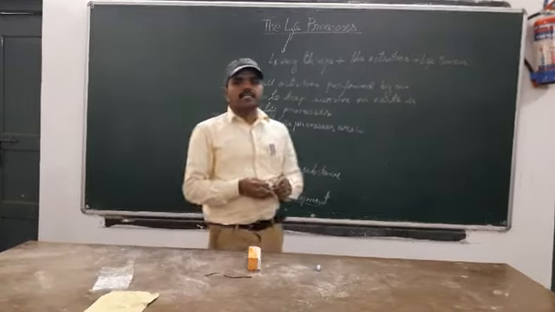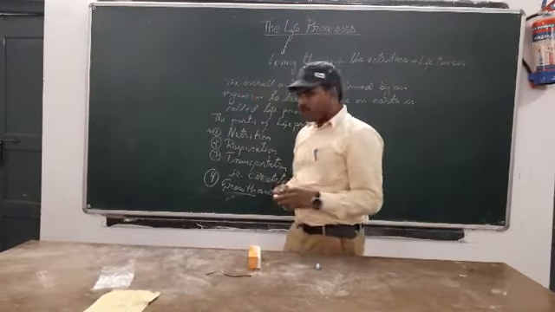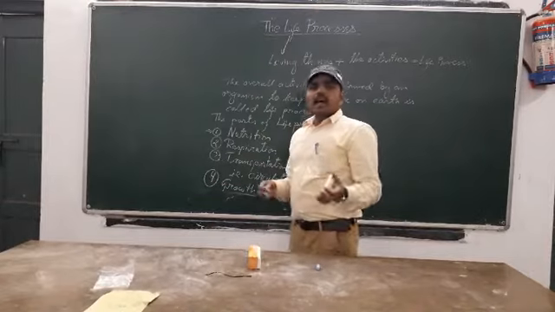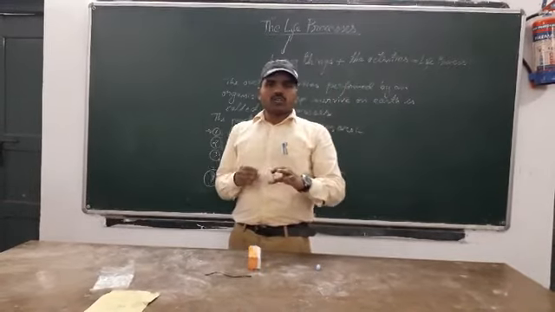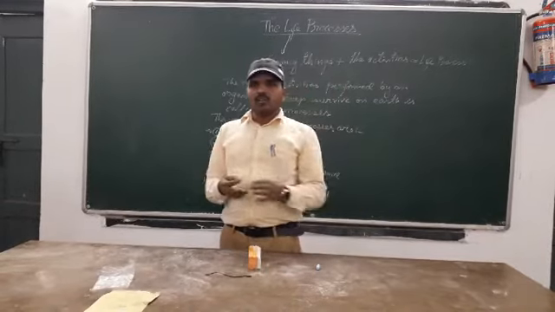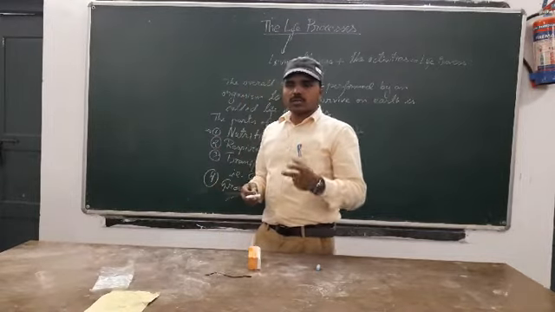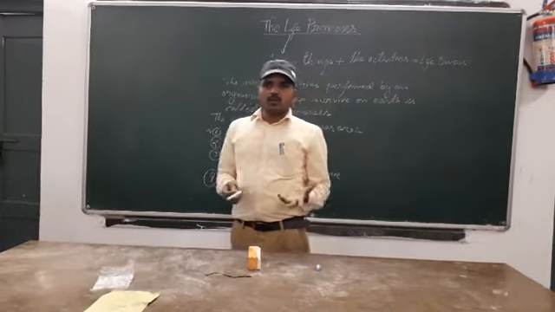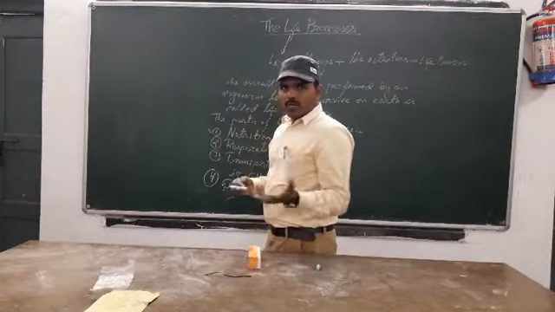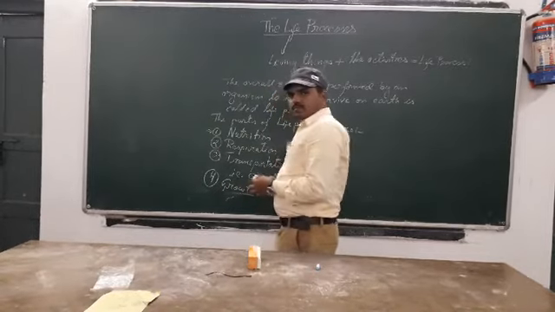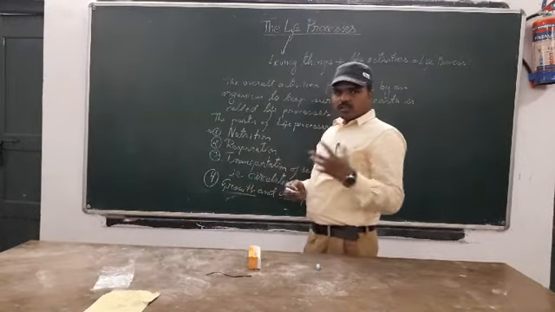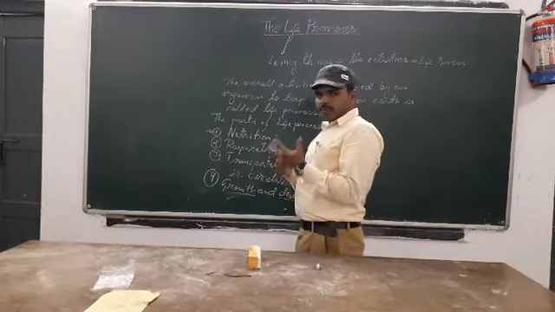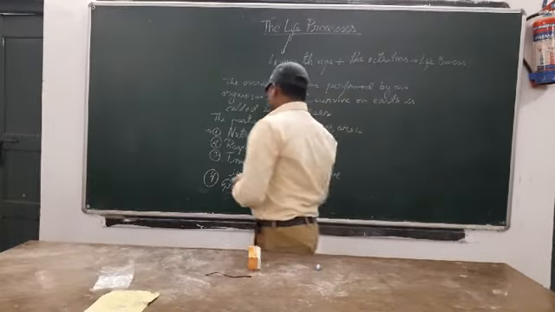Growth means increase in the length of a body, I mean height of a body, and development means repairing of those tissues which are damaged by any cause. If it is worn out, it should be healed. So this development is related to repairing of the damaged tissue.